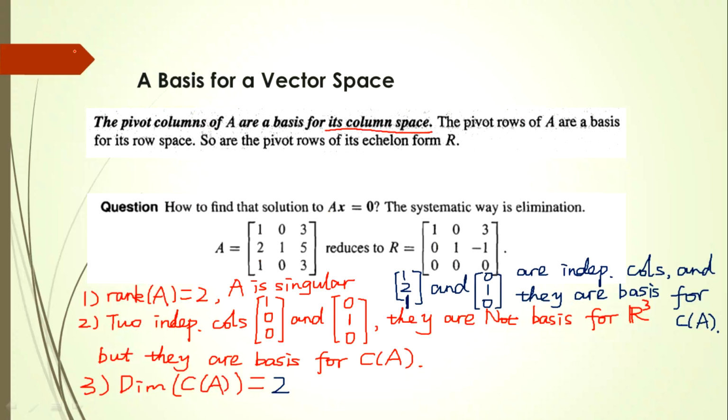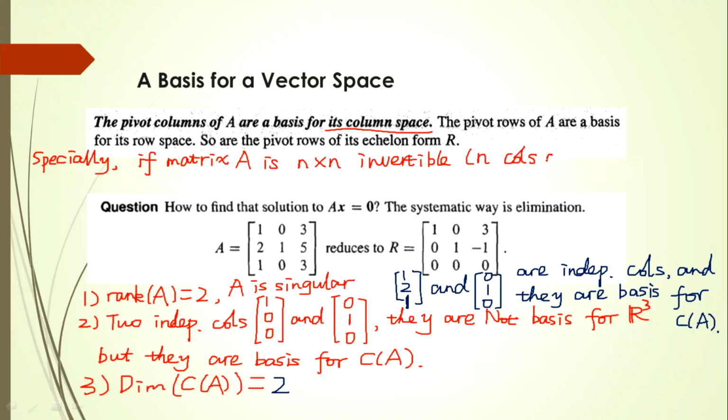So try to understand this statement. The pivot columns of a matrix A are a basis for its column space, but especially if matrix A is n by n invertible, which means n columns are independent, right?